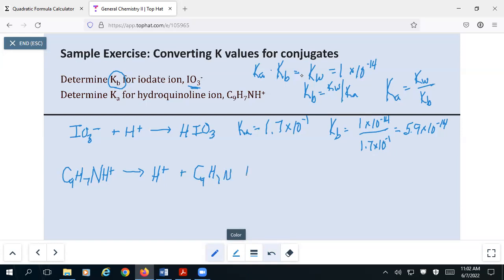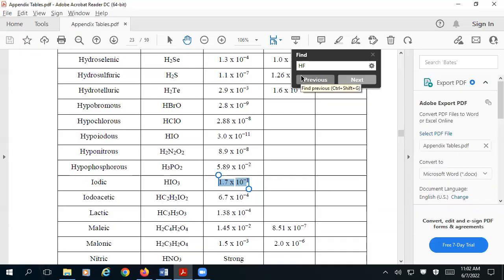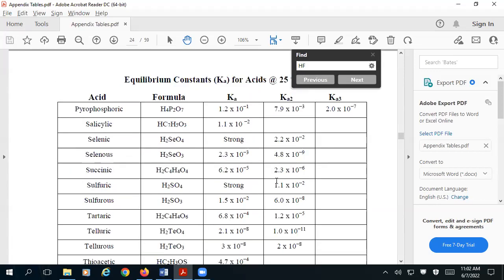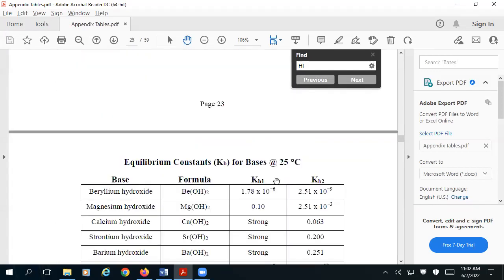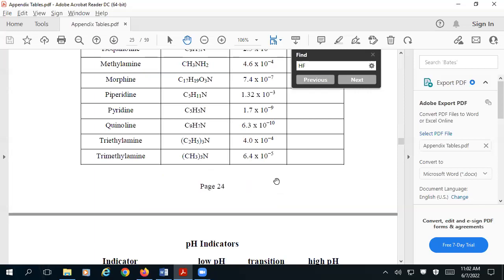So what we need is the Kb for quinoline. Again, we got to go to our appendix tables. And we find that the Kb for quinoline is 6.3 times 10 to the negative 10th.